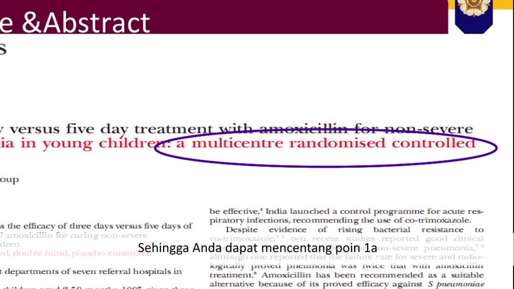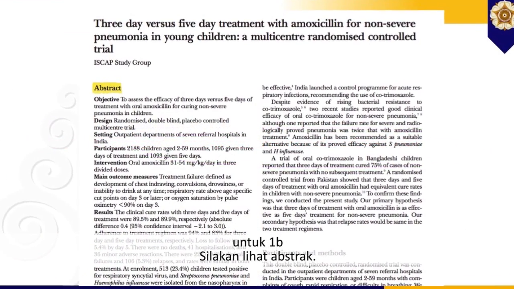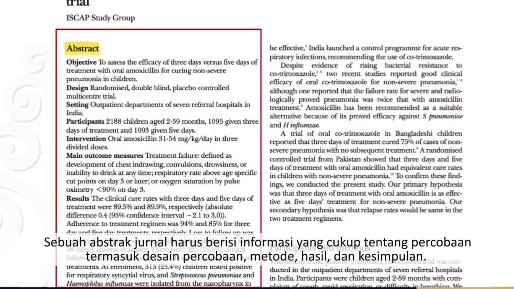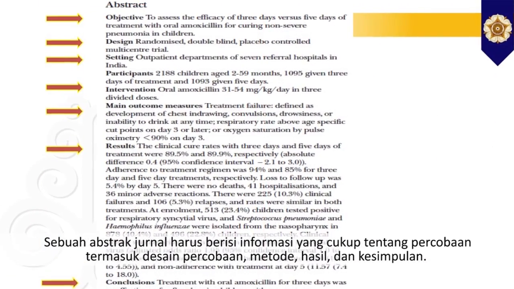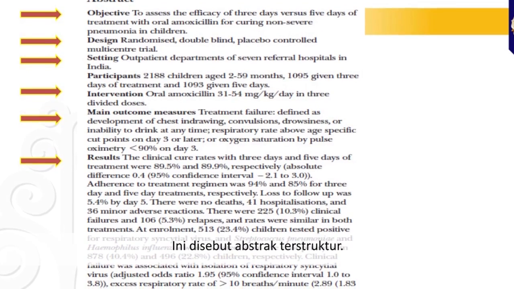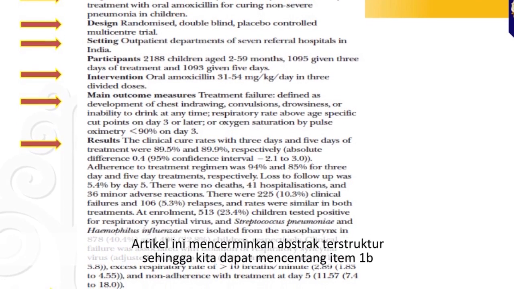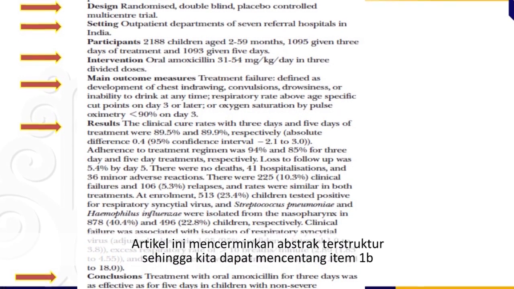So you can check off item 1A. For 1B, please see the abstract. A journal abstract should contain sufficient information about the trial, including trial design, methods, results, and conclusions. It's called a structured abstract. This article reflects a structured abstract, so we can check off item 1B.